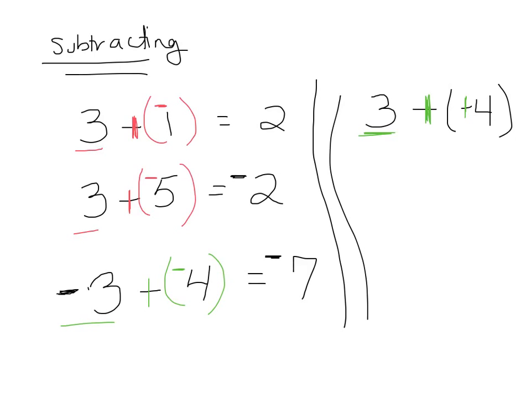What's 3 plus 4? That's going to be 7. So subtracting integers is really going to be the same thing as adding integers. It's just remembering to change the subtraction to addition and then change the sign of the second number. So it actually operates a little bit like fractions with keep, change, flip.